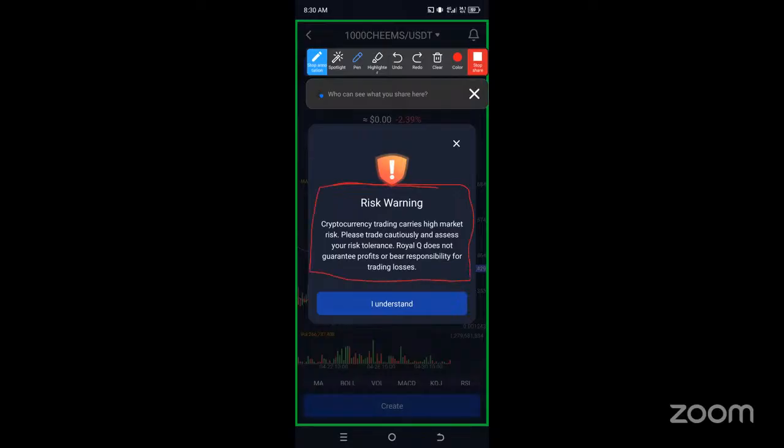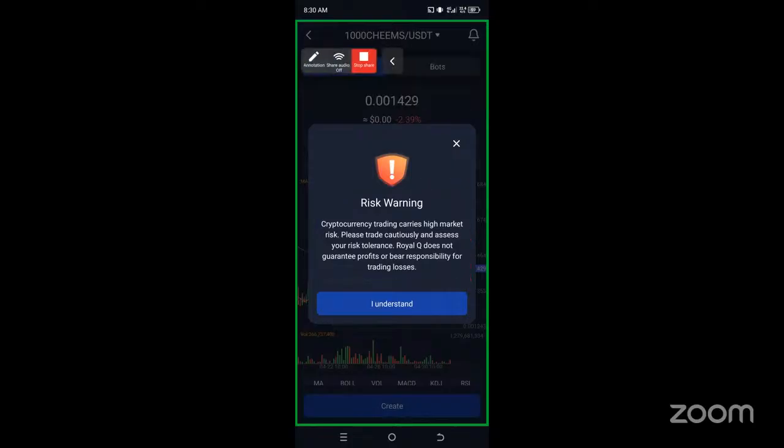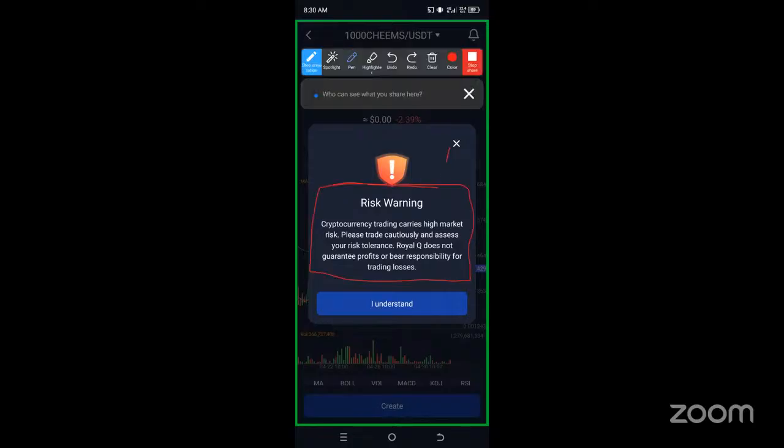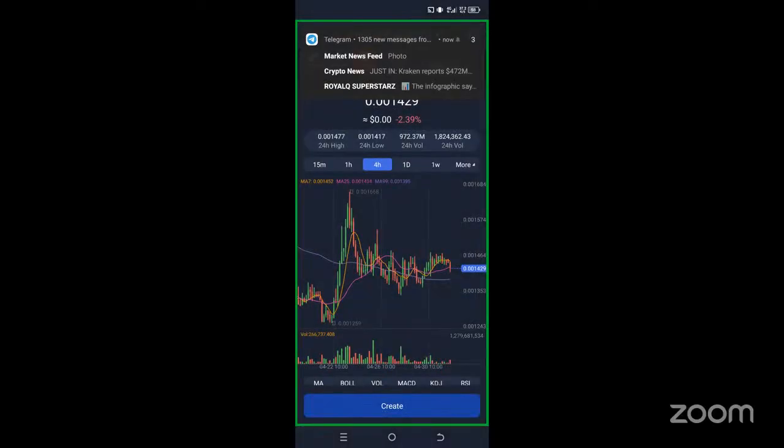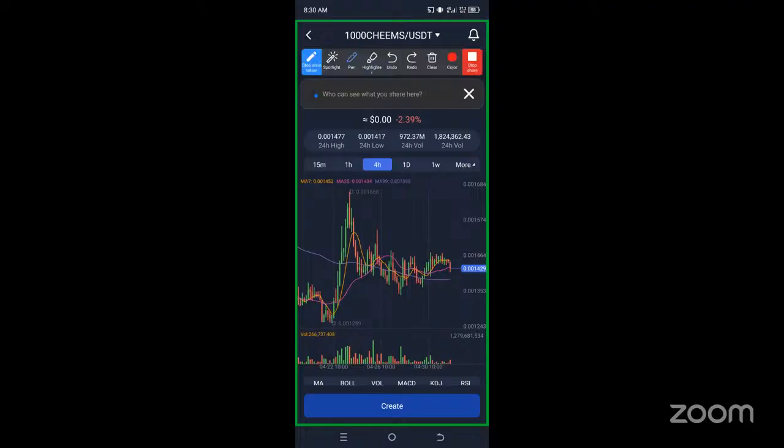You have to trade with caution, and LoyalQ will not be responsible for any trading losses that you may incur. And of course, when you have understood this, you go on with I understand, because you know what you are doing. You click on I understand, and then you will go on, of course, to create the setting.